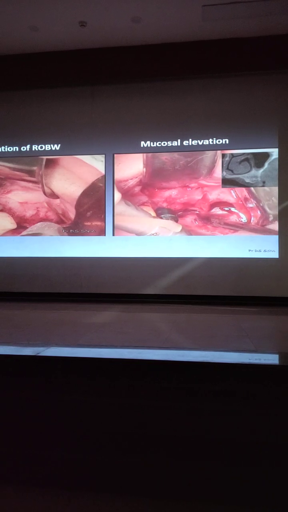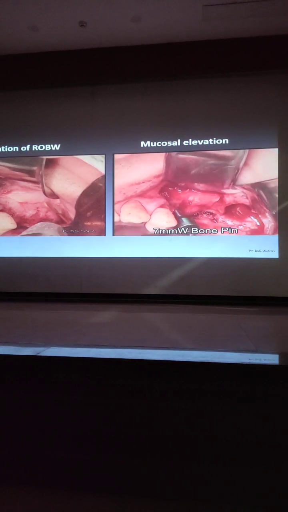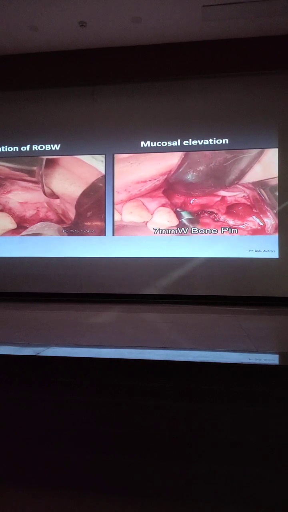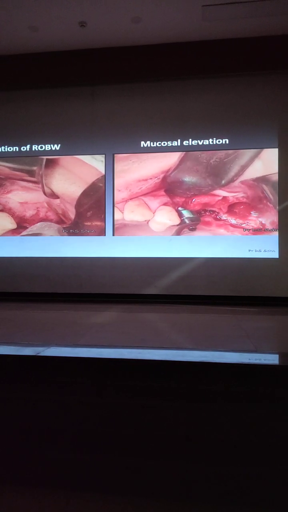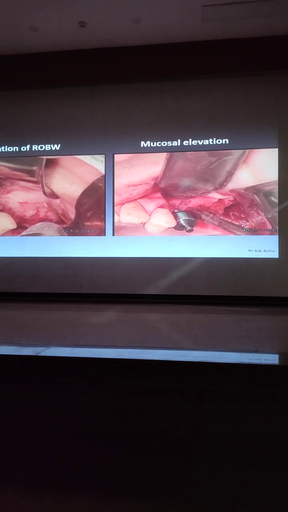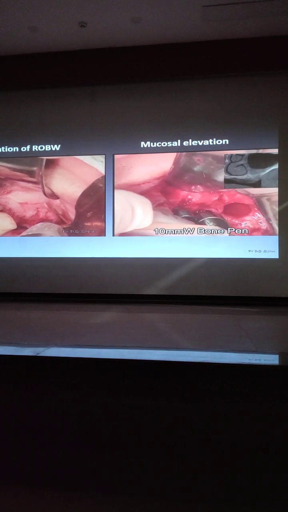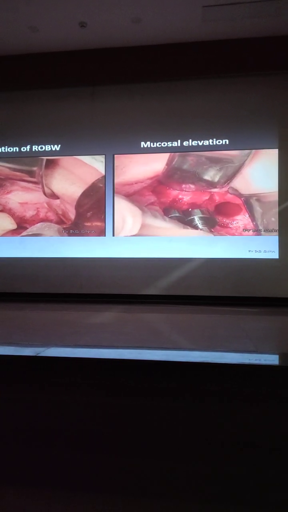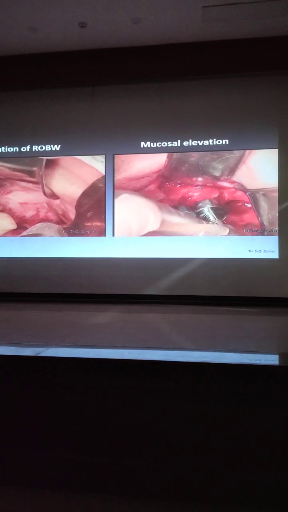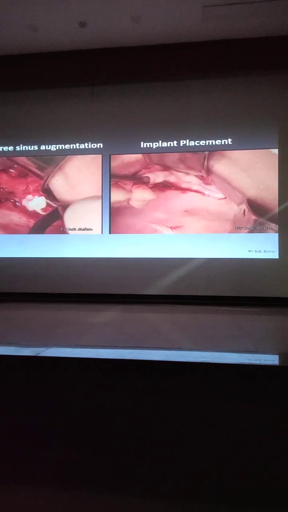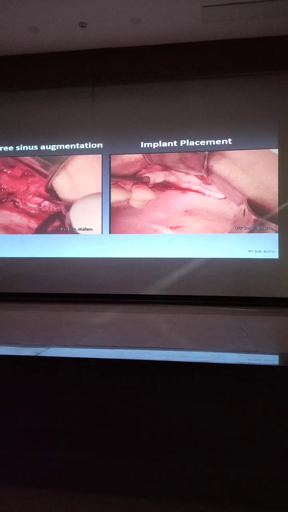Because the mucosa preparation is bigger than the size of the CGF membrane, I placed the gelatin sponge first, a resorbable gelatin sponge. The gelatin sponge disappears within 1 or 2 weeks in the site, and CGF membrane was placed. Yeah. Gelatin sheet was placed.